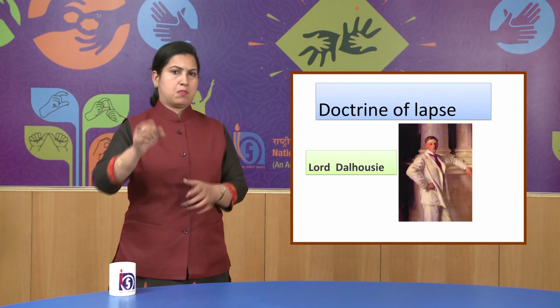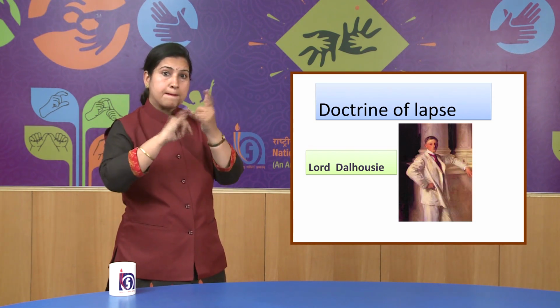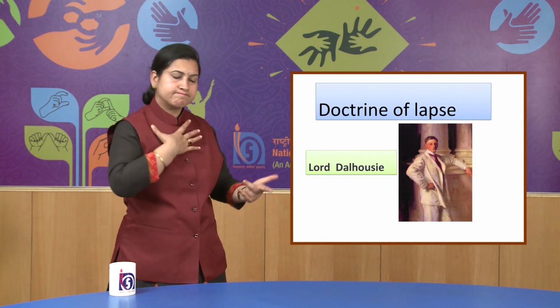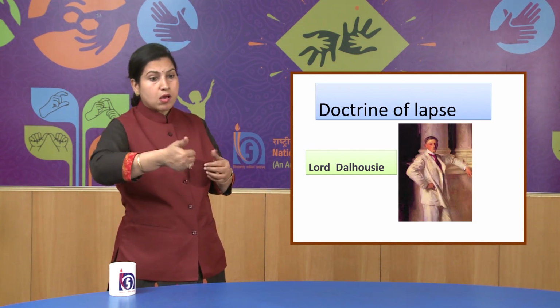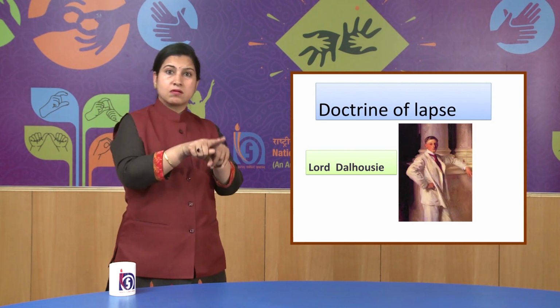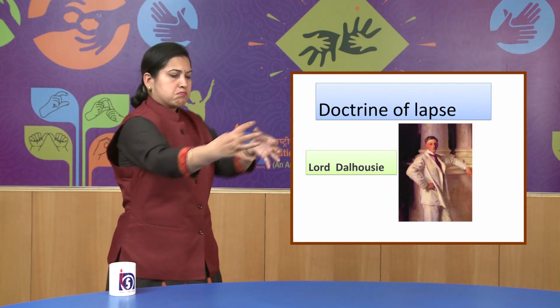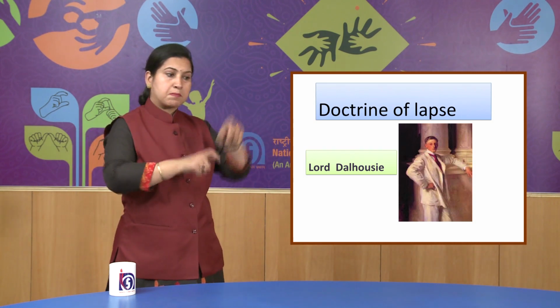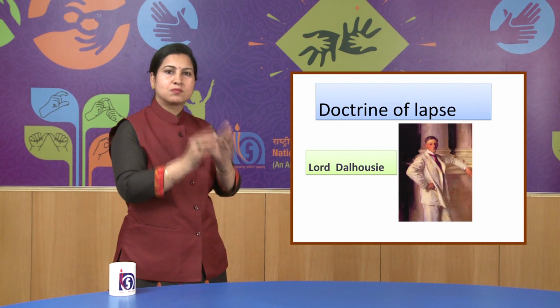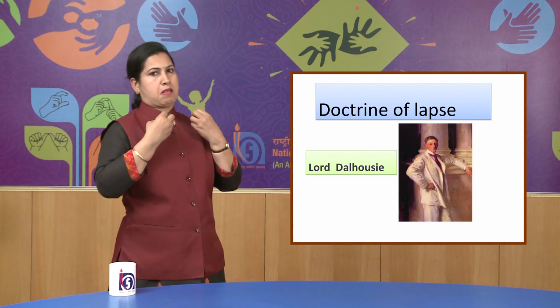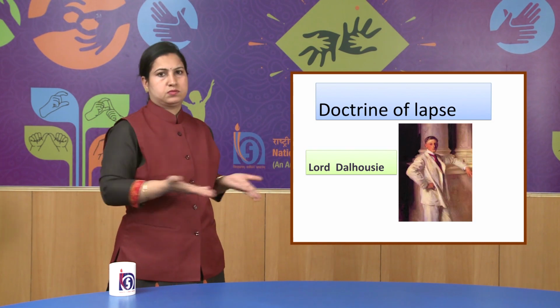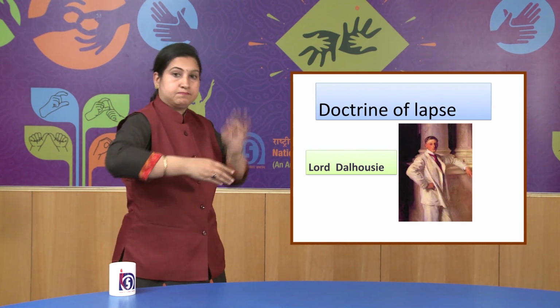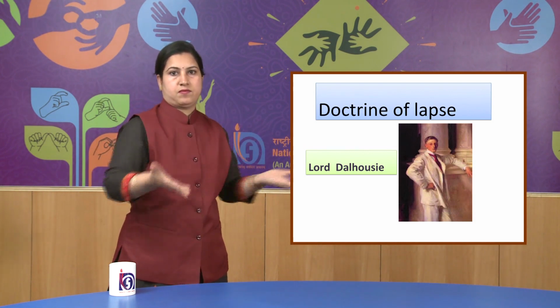We should remember that the policy of lapse was not just bad for Indian rulers, but it was bad for those people also who were dependent upon these rulers, like the soldiers, scholars, priests, etc. When the British occupied new areas, the people in those states lost their jobs.